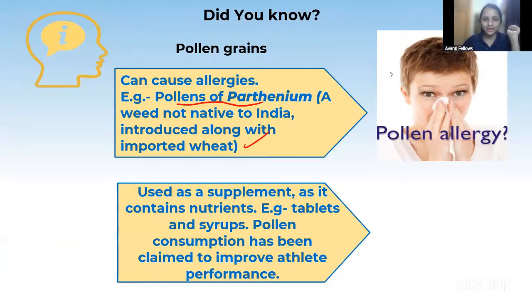Pollen grain is also used as a supplement because it is very rich in nutrients, so it is used in tablet form also. You can see pollen tablets on Amazon and other websites, rich in nutrients, and some athletes take this supplement.